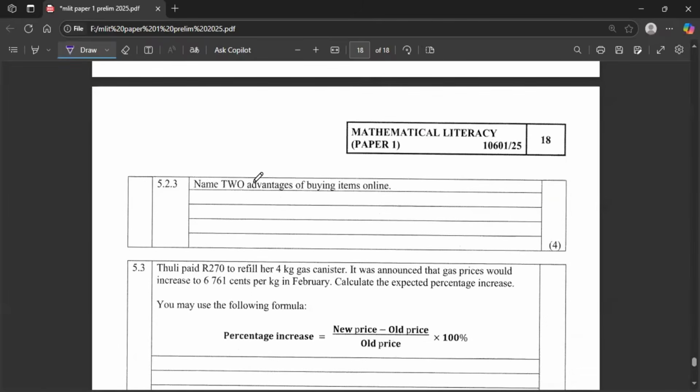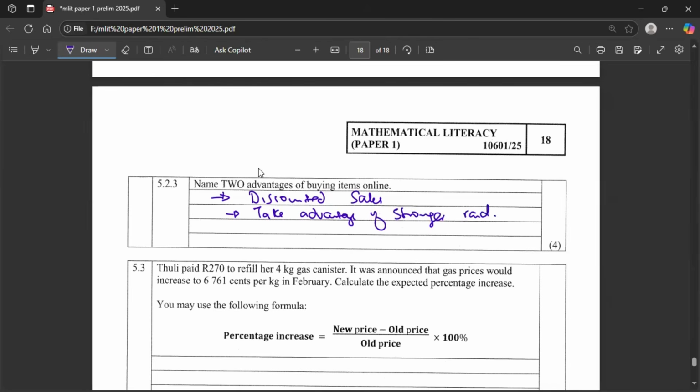Then 5.2.3, they want us to name 2 advantages of buying items online. Number 1, at times there are specials, so discounted sales, and you need to take advantage. Sometimes you take advantage of a stronger rand.